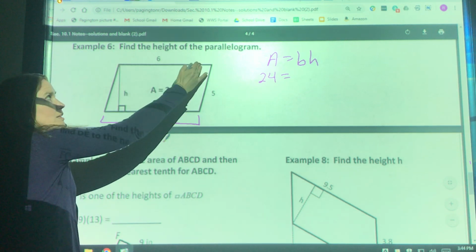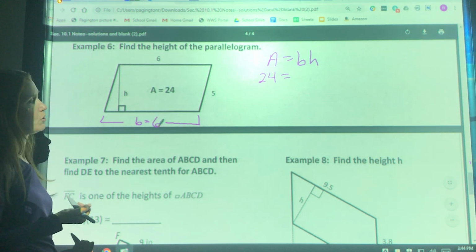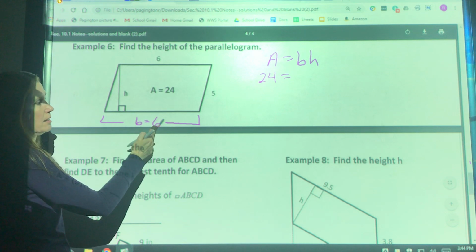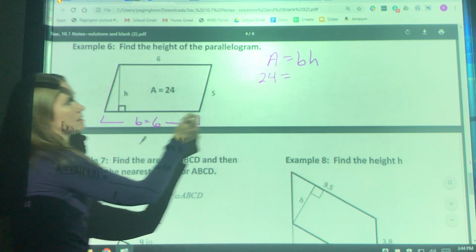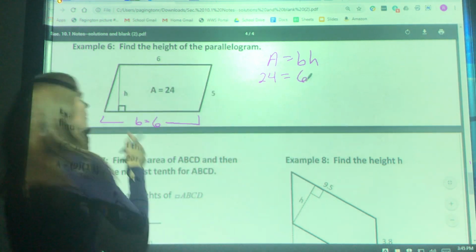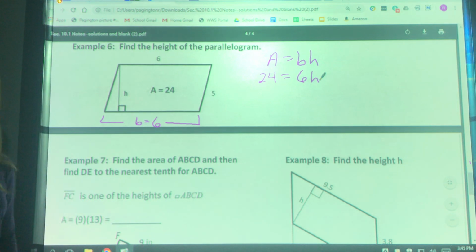If this is the height I'm looking for, then I know this is the base, and I know that this has to be congruent to this. You learned in chapter 6 that opposite sides of a parallelogram are congruent. So if that's 6, that's 6. And now my base and height are forming a right angle with each other. So my base is 6, and my height here is what I'm looking for.